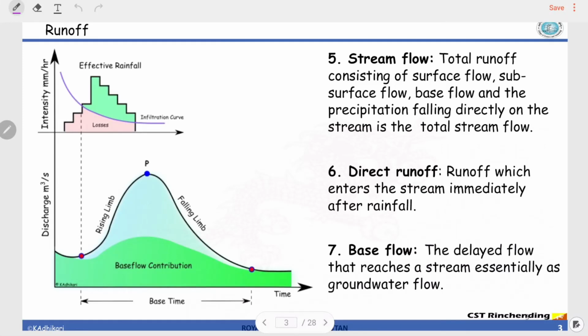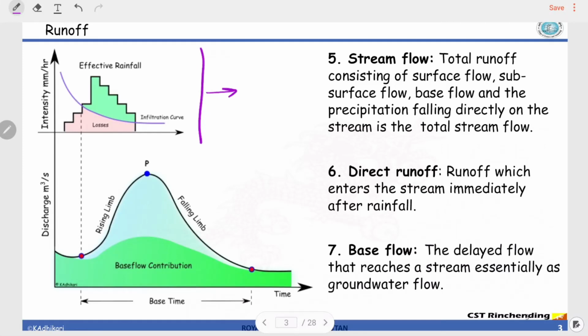As you can see in the first diagram, this is what we studied in the previous chapter, right? The infiltration concept was discussed using a hyetograph. When there is a rainfall, it can be represented for analysis as a hyetograph or a column graph.